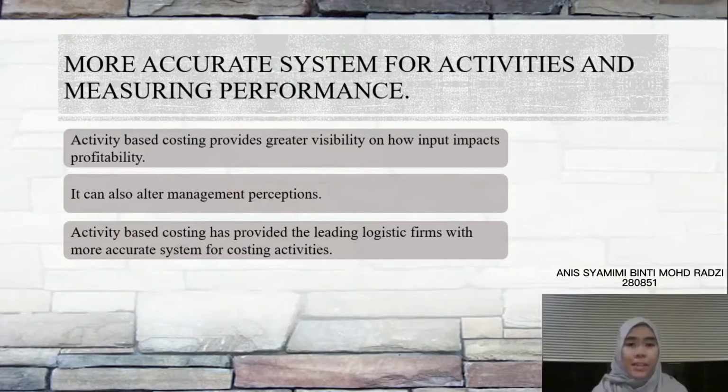So the last advantage of the activity-based costing system to the logistics industry is a more accurate system for activity costing and measuring performance. The activity-based costing system provides greater visibility on how product, customer or supply channel impact profitability. The company can more accurately trace costs and determine the areas generating the greater profit or loss.